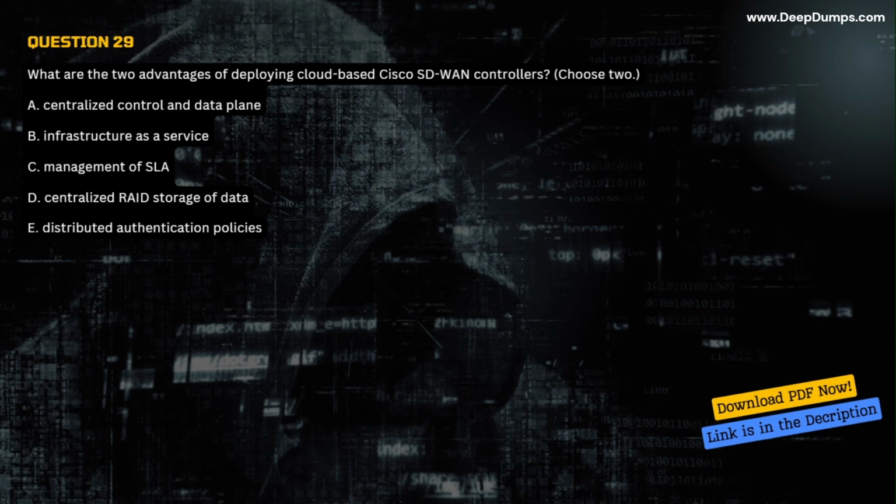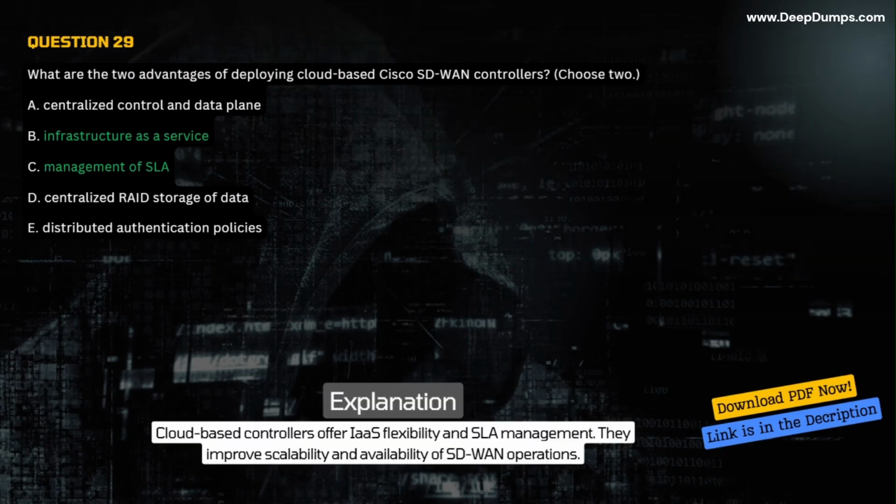E. Distributed authentication policies. Correct answer B and C. Infrastructure as a service. Management of SLA. Explanation. Cloud-based controllers offer IaaS flexibility and SLA management. They improve scalability and availability of SD-WAN operations.